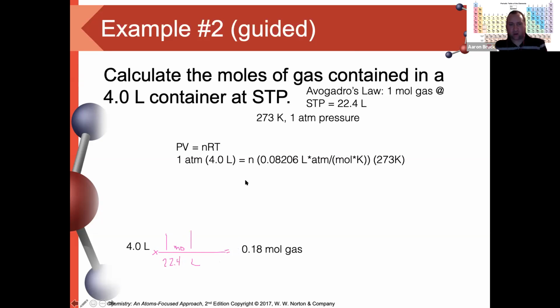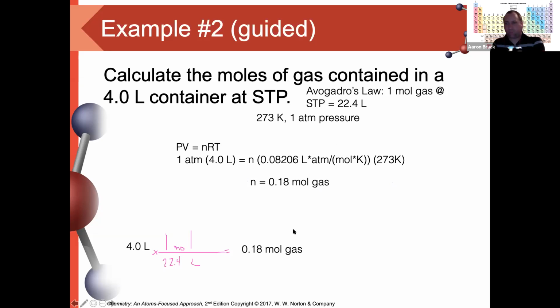Now, if you had solved this out using the ideal gas law, 1 times 4 divided by 0.08206 divided by 273, you would have got the same to 2 significant figures, 0.18 moles of gas.